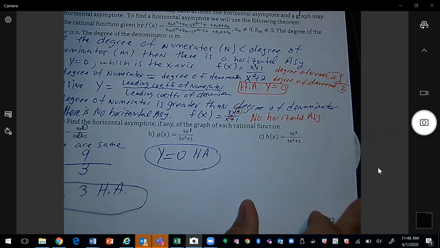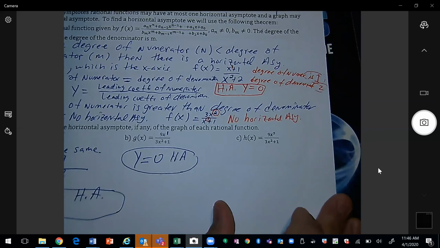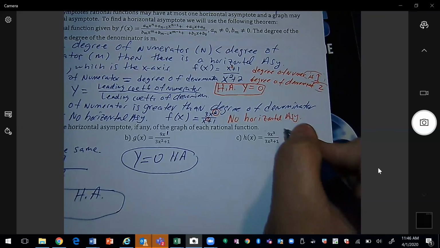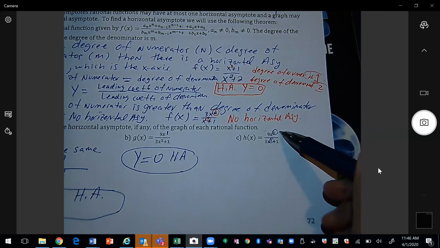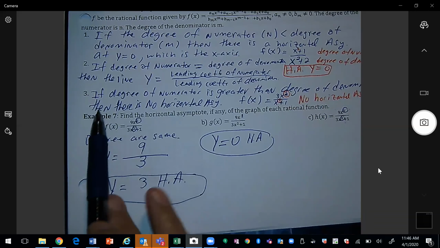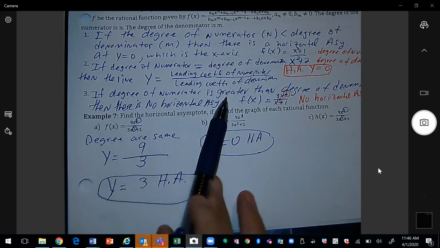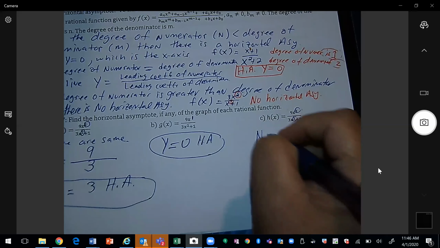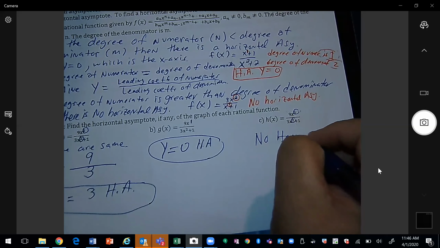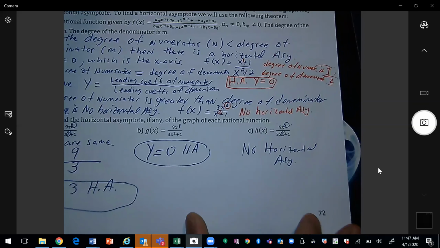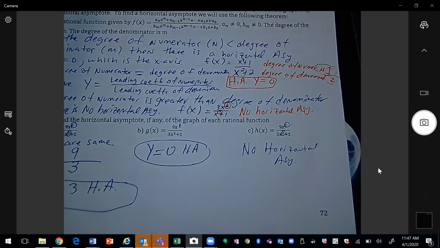Okay. Now letter C, what is the degree of the numerator? 3, and the bottom degree is 2. So this is bigger than the degree of the denominator, so that's going to be number 3. If the degree of the numerator is greater than the denominator, then our answer is simply that there's no horizontal asymptote. However, let's check if it might have a slant asymptote.